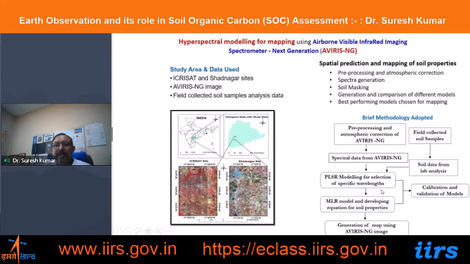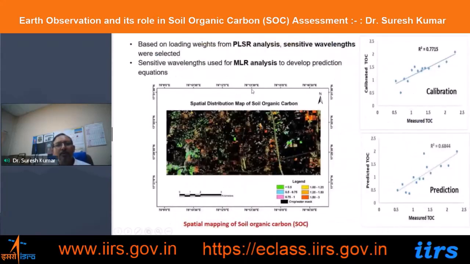By using this technique, we predicted how much accuracy we can achieve in predicting soil carbon in the surface soils. From airborne hyperspectral imaging, we found a prediction of R square 0.68 or up to 0.7.